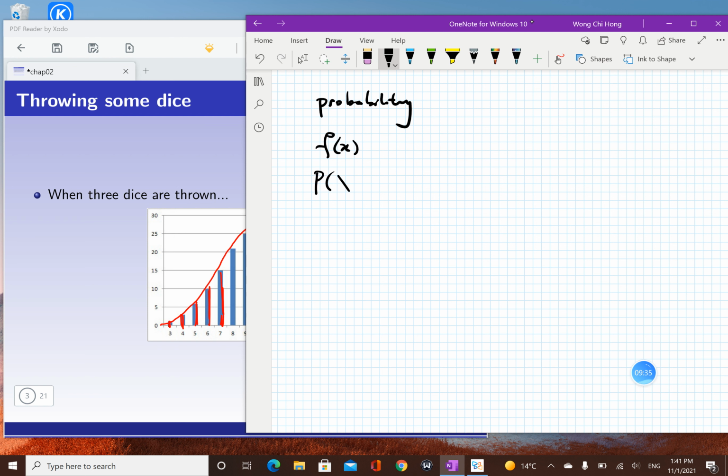Such as f(x) must be bigger than or equal to 0. No matter what you put in, your probability must be bigger than or equal to 0. And if you add up all the possible probabilities, it must equal 1.